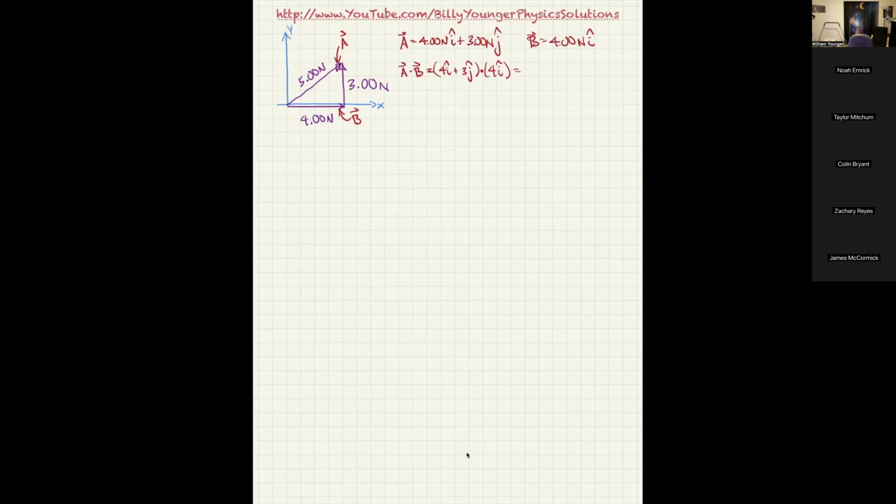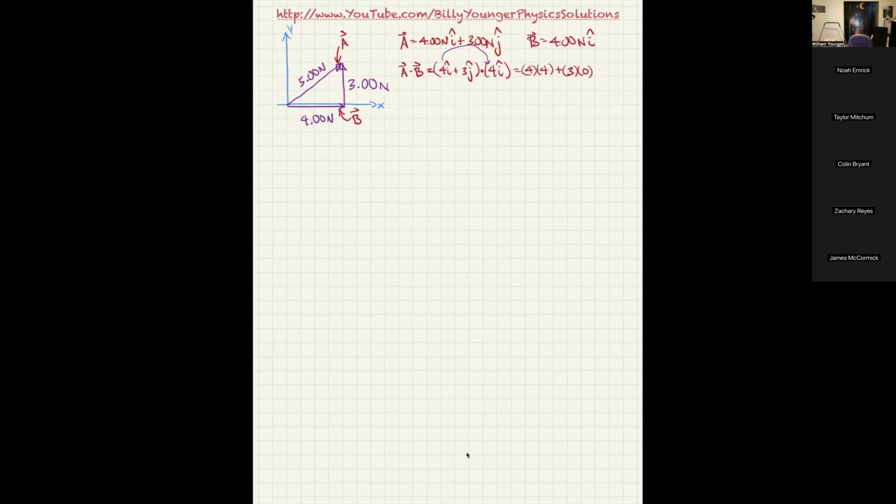Now that means 4 times 4. Remember, the formula is AX BX plus AY BY plus AZ BZ. So that's what happened when I did first term to first term. Now I'm going to do second term to first term. That one's going to be 3 times 0.